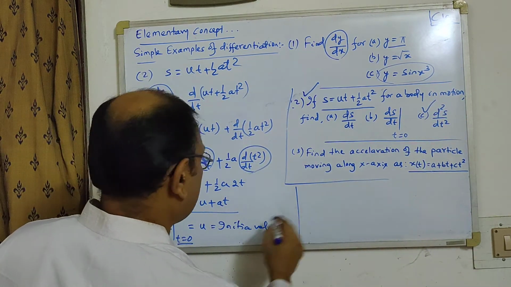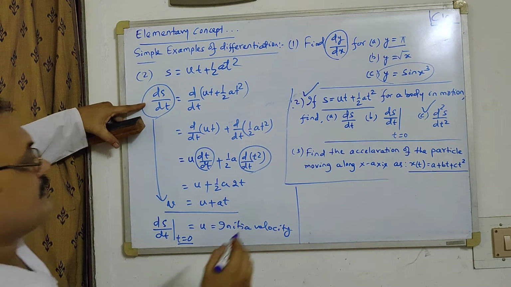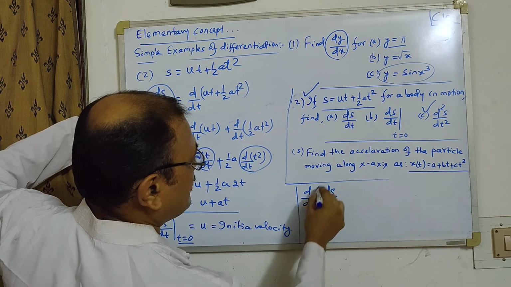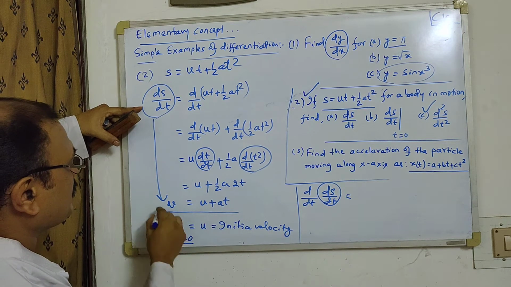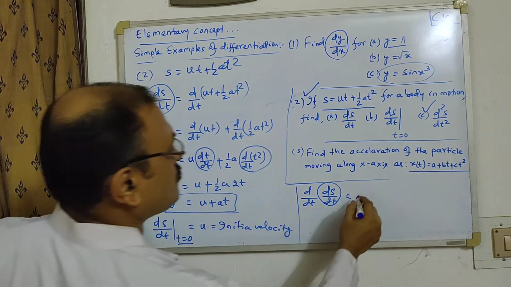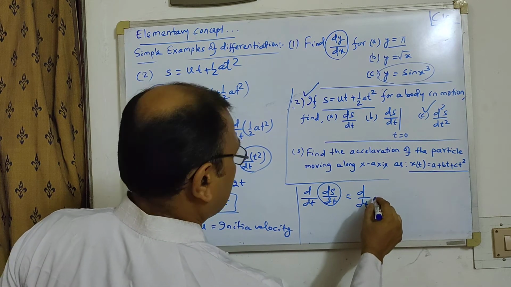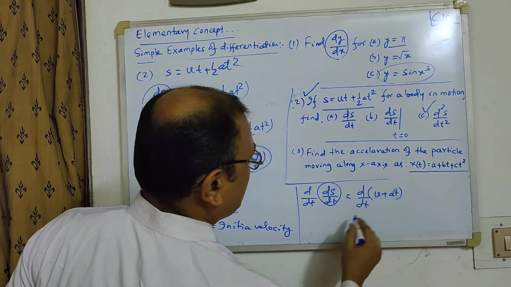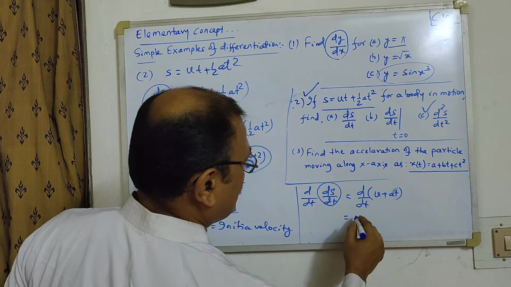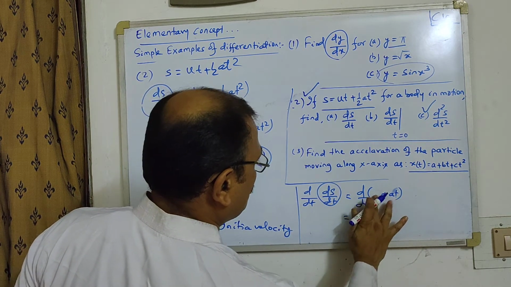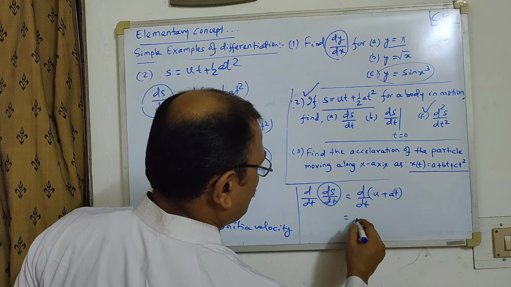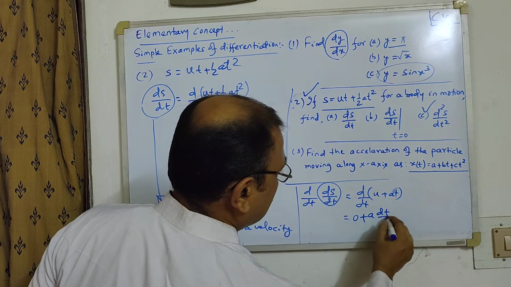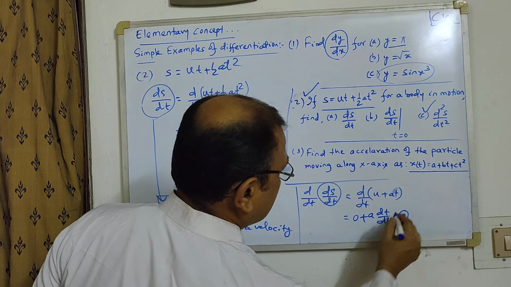You can differentiate this term again, that is d by dt of ds by dt, and ds by dt we have already got to be equal to v equal to u plus at, so I can substitute here d by dt of u plus at, and how much will it give? u being constant, it is 0, so therefore the second term, a being constant, goes outside, so dt by dt is 1, so this is nothing but the acceleration term.